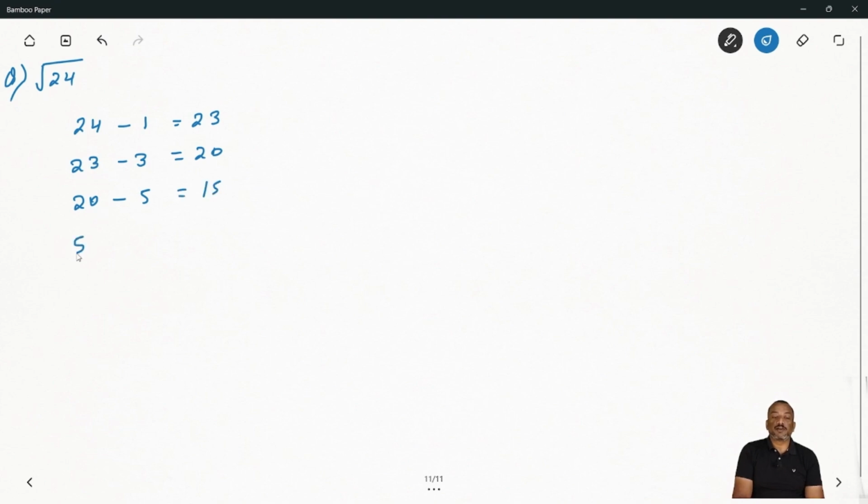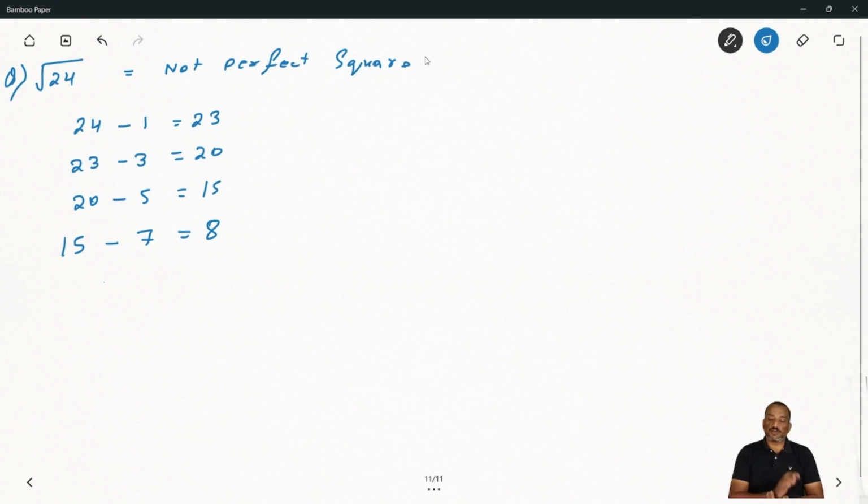And 15 minus the next odd number, 7, gives 8. And 8 is not possible to subtract the next odd number from, so you are not getting 0, which means it is not a perfect square. Clear? This method can also be used to check whether a number is a perfect square or not, but it is good for small numbers, not for bigger numbers.